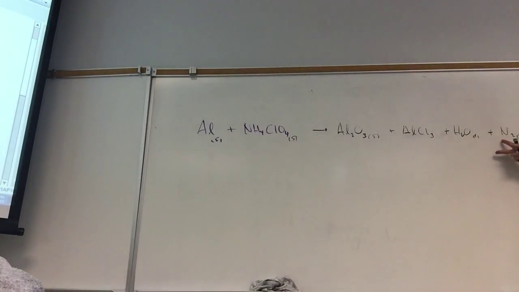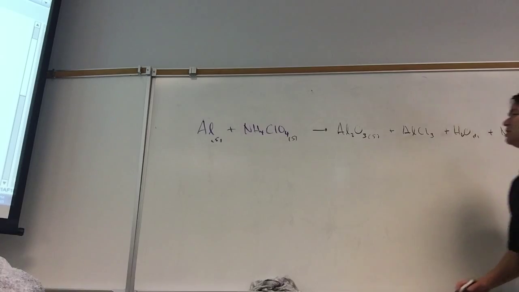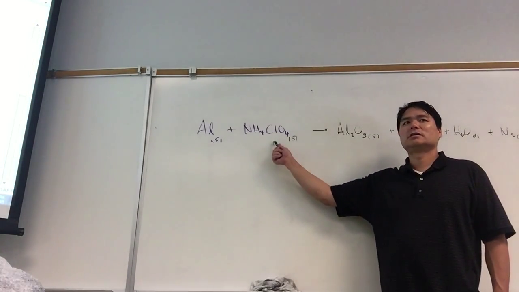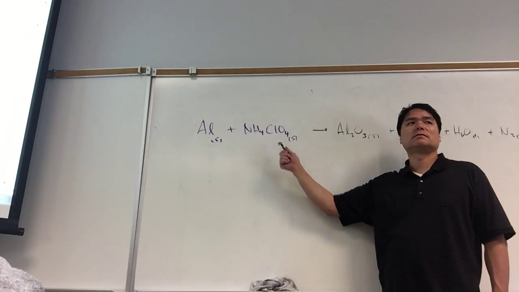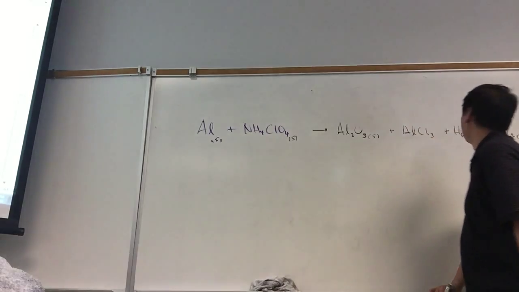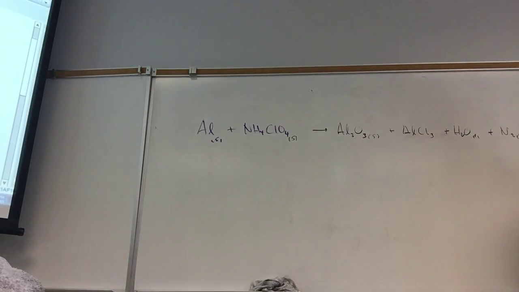Because if we change the coefficient of aluminum or nitrogen, it's not going to upset any other element. Right? So we save that. And we usually do the most complicated species first, like this. And so let's go ahead and try to balance it. What should we balance first? Maybe the nitrogen, the hydrogen, the chlorine, the oxygen, which one? Let's see.